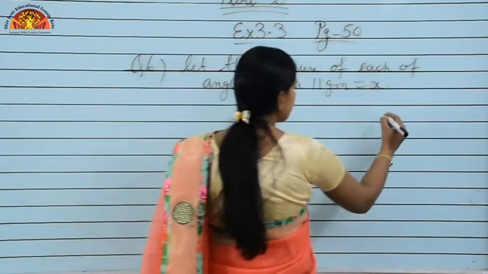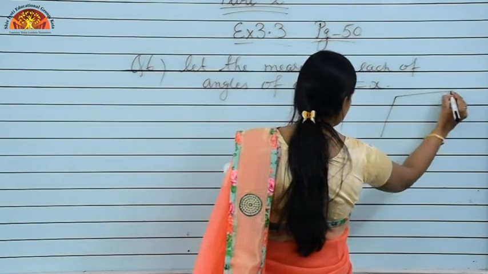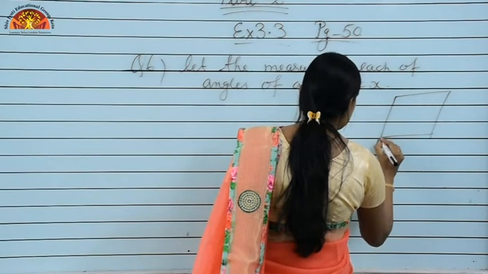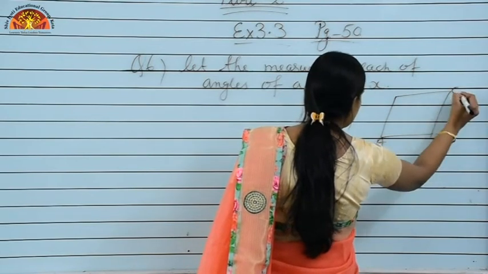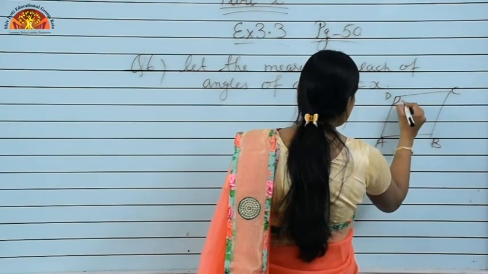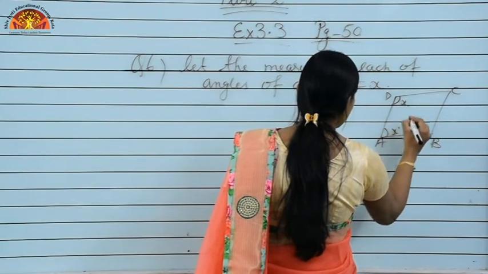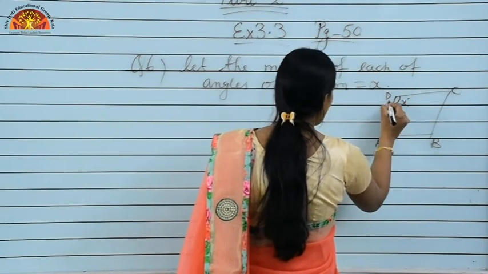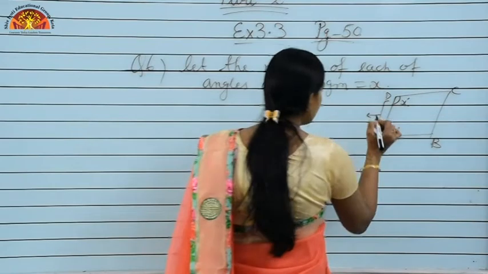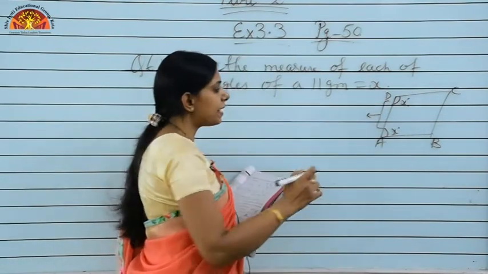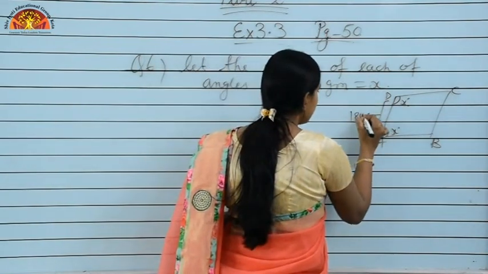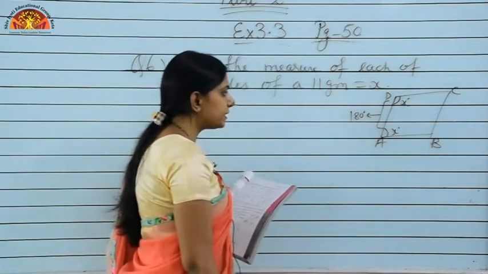If you construct the parallelogram over here, that is ABCD, this angle and this angle are of the same measure. Is it clear? And as you already know, children, the sum of adjacent angles in a parallelogram is supplementary. That means the sum is 180 degrees.